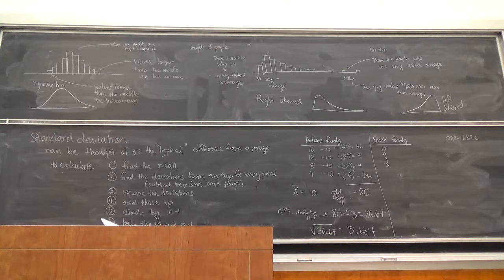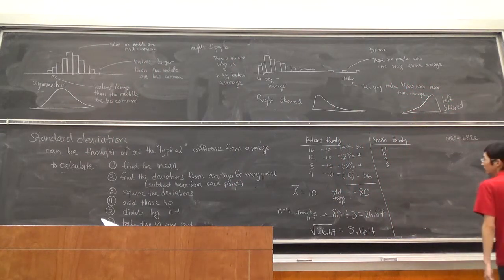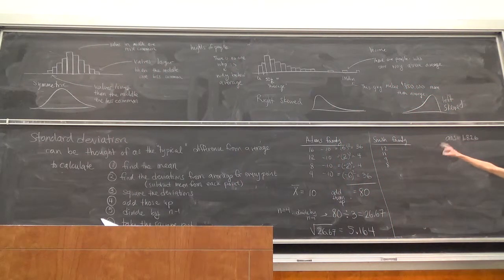That doesn't matter. I would say keep it here for decimals. If you have a calculator, you don't have to generate. You can just leave it in the calculator. All right, how's everyone doing? Good? We need another minute, or are we good? Okay, so let's find the standard deviation for the Smith family.